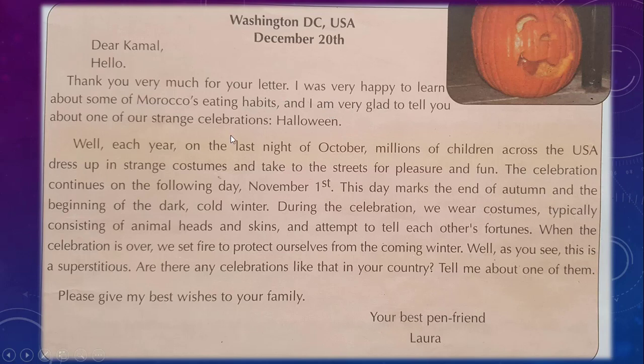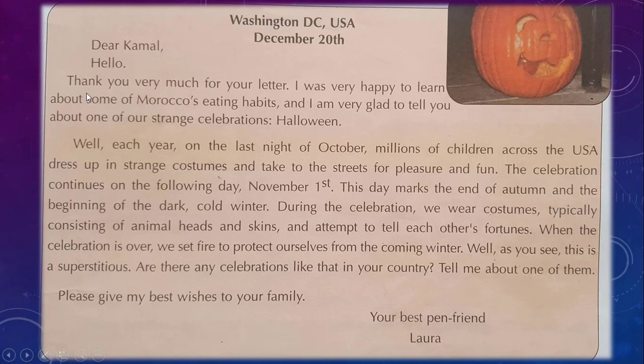Before we read, I want you to take a moment and guess what this letter is going to be about from this picture. Here we have a picture of a pumpkin with a face on it. So it symbolizes something. Stop the video or pause the video and think about it for a minute.